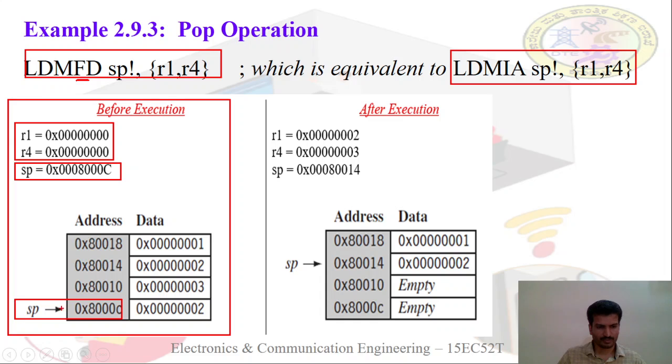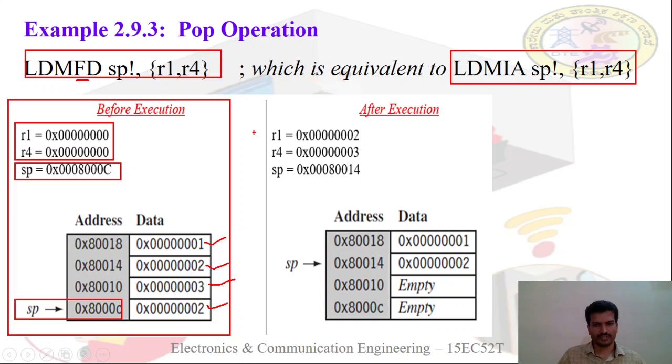So now SP is pointing to 800C. In that memory location 2 is present. In 80010, 3 is present. In 80014, 2 is present. In 80018, 1 is present. These are the initial values before executing the LDM FD instruction.